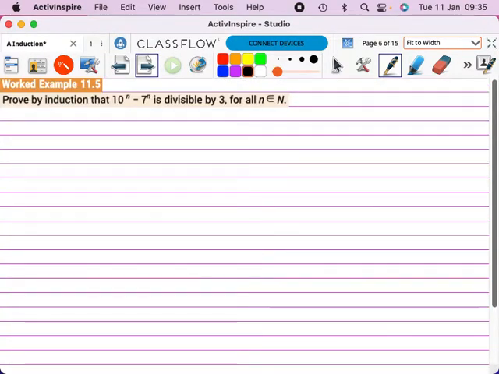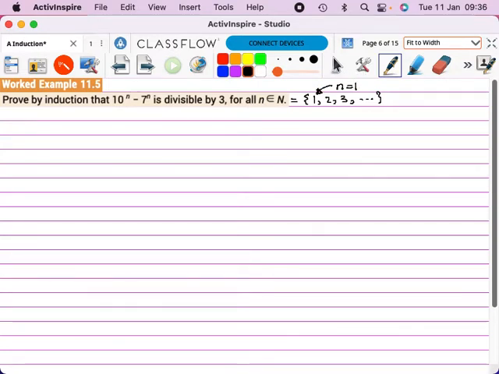And now there's a sense of déjà vu about this. You know, it's the same thing over and over again. So what we have now is n is equal to the set of numbers 1, 2, 3, dot, dot, dot. We know that the smallest value of n is equal to 1.